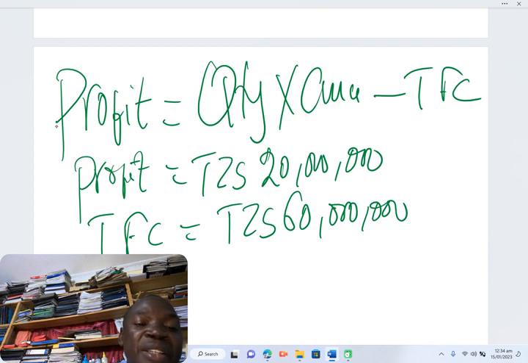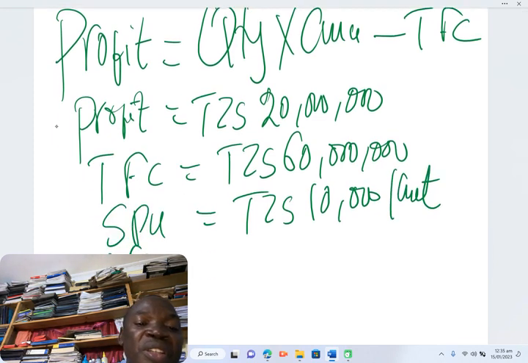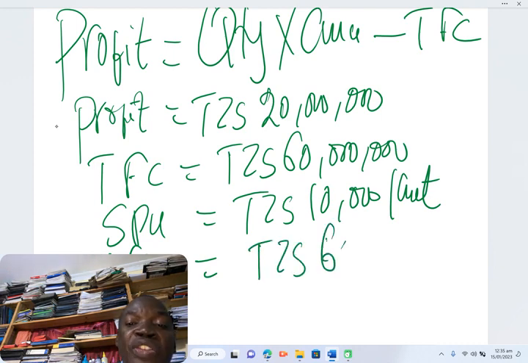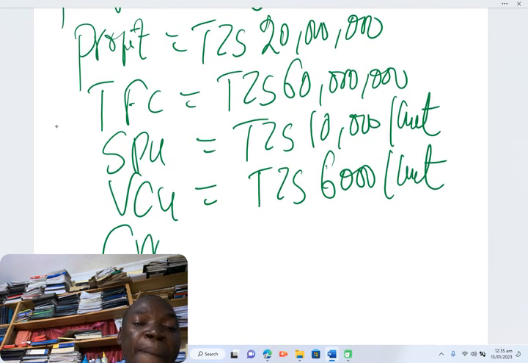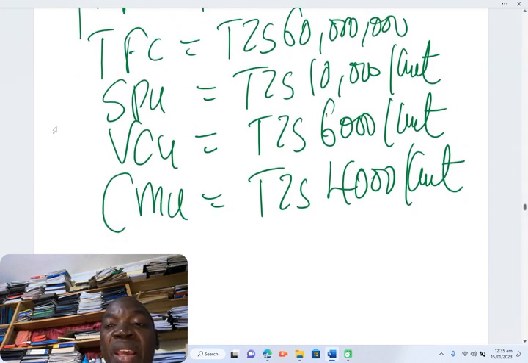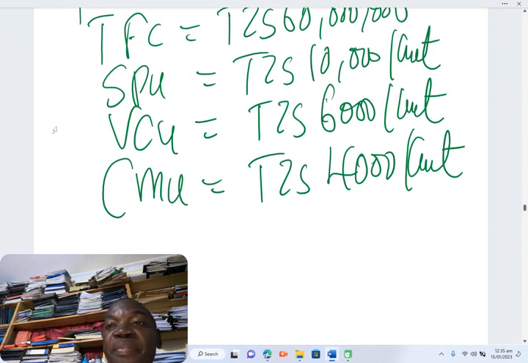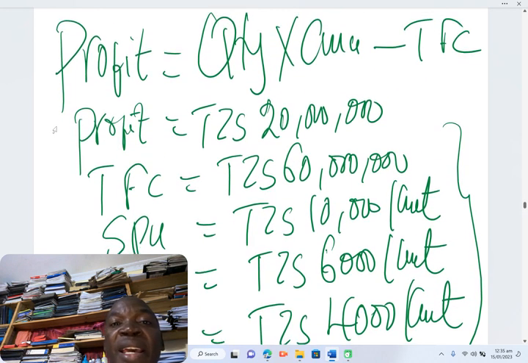Selling price is given, TZS 10,000 per unit. Variable cost per unit is given, TZS 6,000 per unit. Accordingly, contribution per unit is also given, 4,000 per unit. In this ground, we have done. So you can plug this information into the formula and get the targeted units to be computed here.